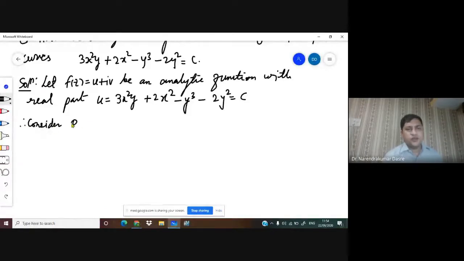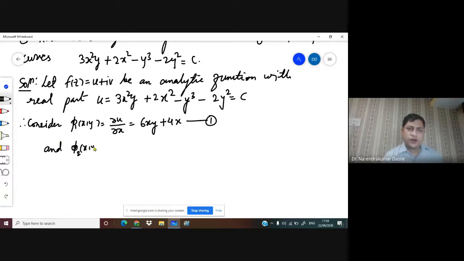So consider phi1 of x,y is equal to partial w by partial x. So we have this is 6xy plus 4x, and let this be equation 1. Okay, and we have phi2 of x,y is equal to partial w by partial y.